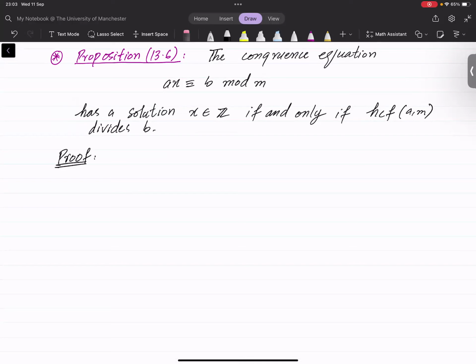So if we prove this, D is the HCF of A, M. Now first let us prove the left to right implication. So we prove this implication.